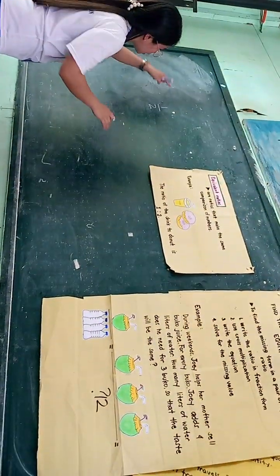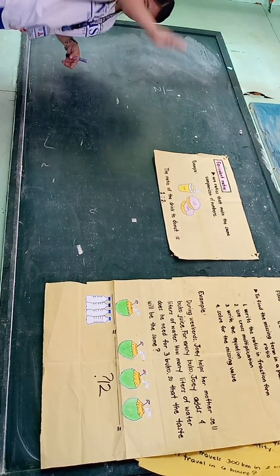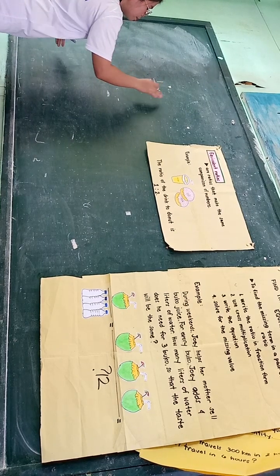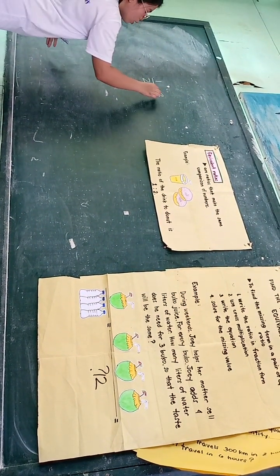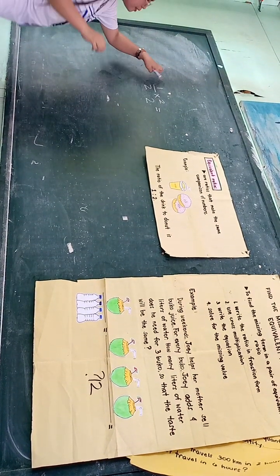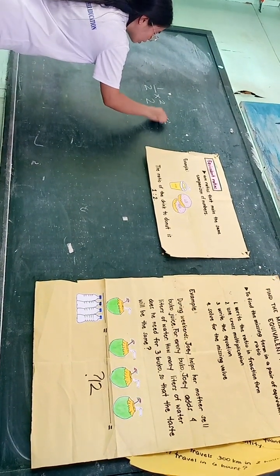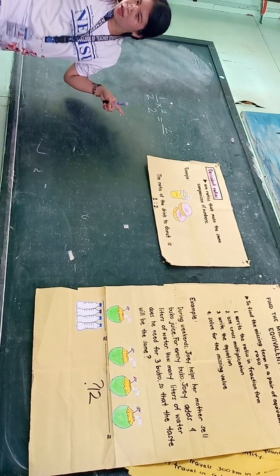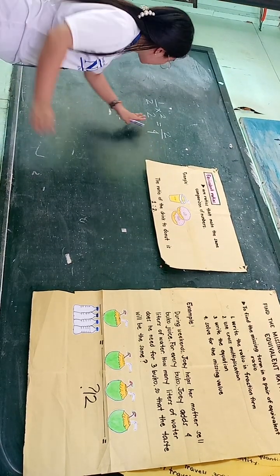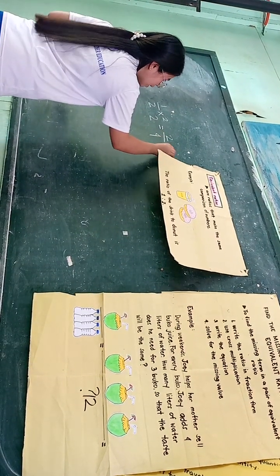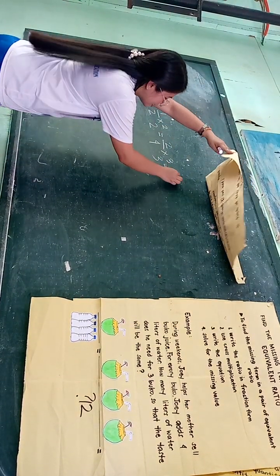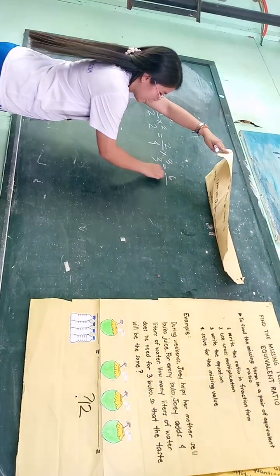For example, multiply by 2: 1 times 2 is 2, and 4 times 2 is 8. If we multiply by 3, the answer will be 3 over 12.